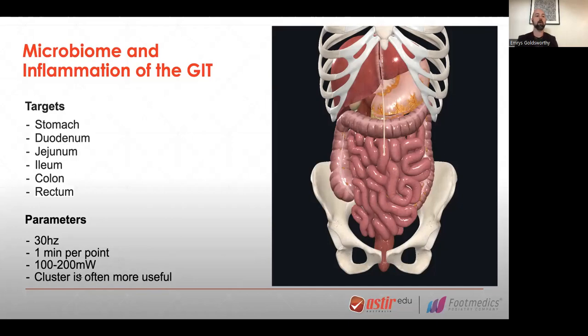Okay. Cluster is often more useful because you can cover more area, particularly when it comes to structures such as the small intestine, large intestine. But you still will find that the laser itself is effective, and you're probably more likely to use it because it gets to every area that you need.